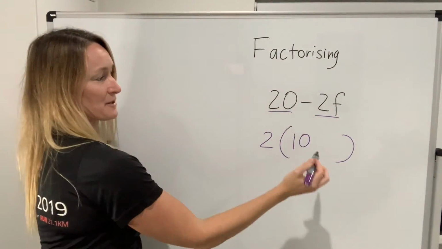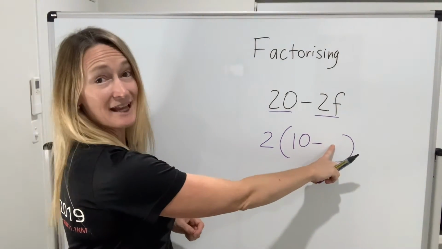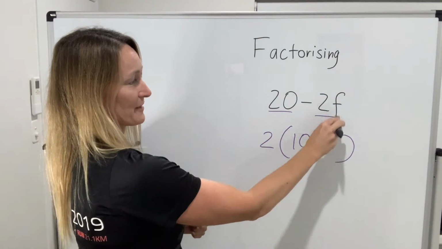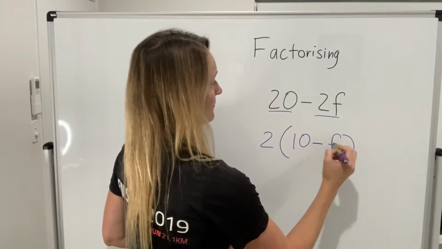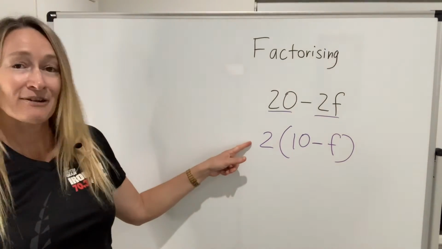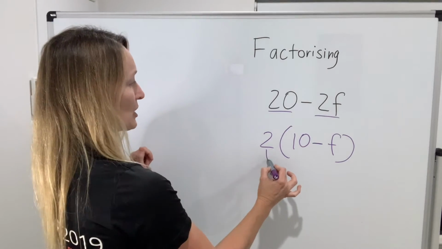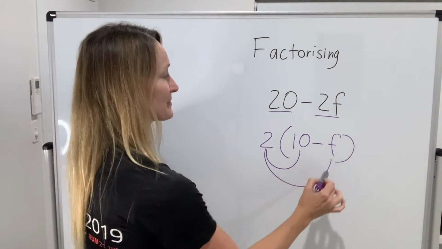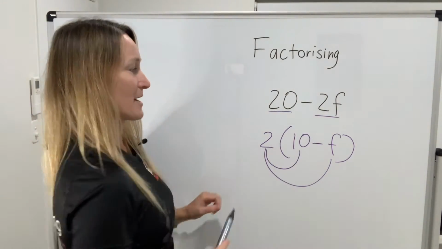And because it's a takeaway, we put a takeaway sign next. The second term, which is 2f. 2 times something needs to equal 2f. So 2 times f would give us that. There's our answer. You can do a quick check, make sure you've done it correctly. So 2 times 10 is our 20, and 2 times f is 2f. We've got our takeaway matching there, so we know we're right.